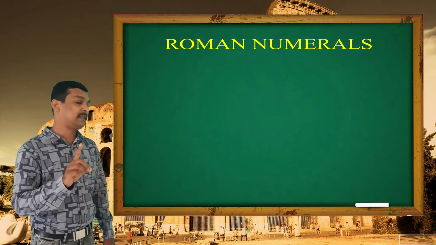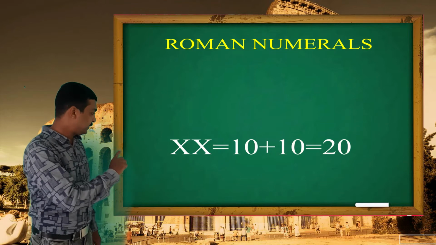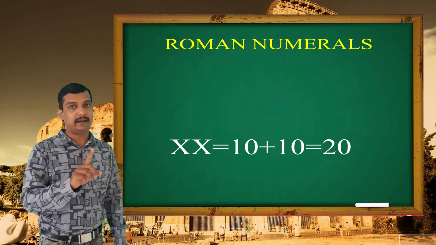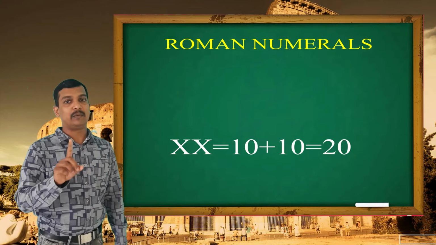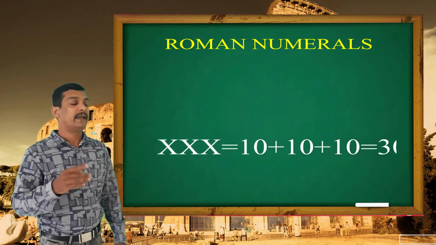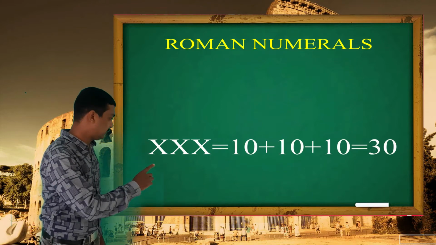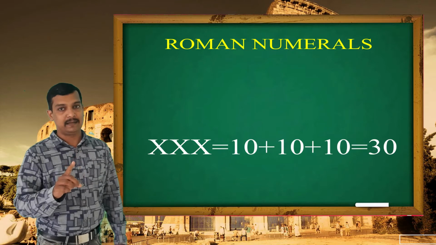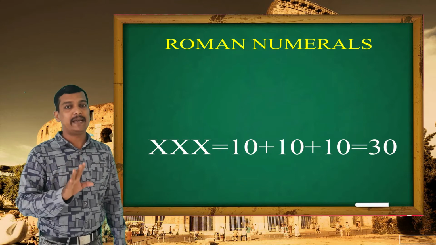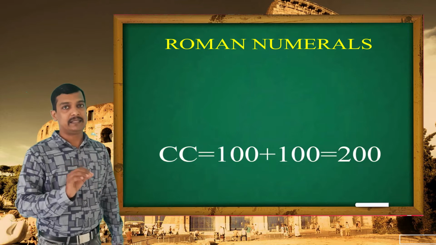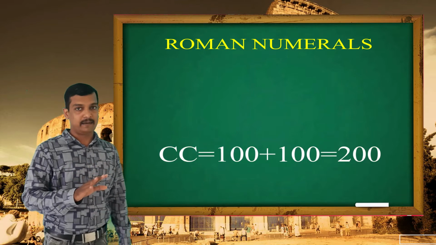In the same case, XX, 2 times X means 10 plus 10 is equal to 20, so XX is for 20. XXX, that is triple X, 10 plus 10 plus 10 is equal to 30, so XXX denotes 30.